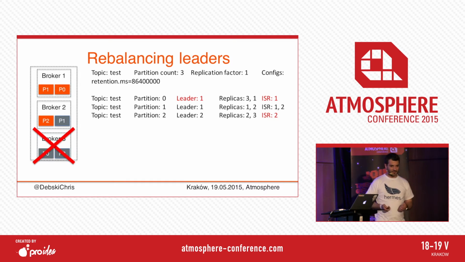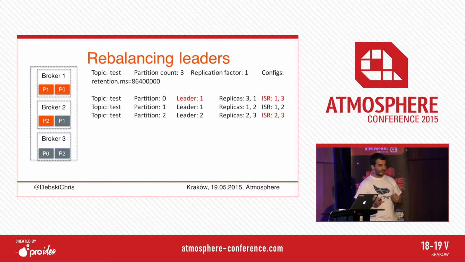Let's kill leader number 3. So we see that partition 1 that was led by broker 3 was changed to broker number 1, and we have just one async replica. And in partition 2, we think that nothing changed, but in fact we have one replica not in sync, so we have just one replica in sync.